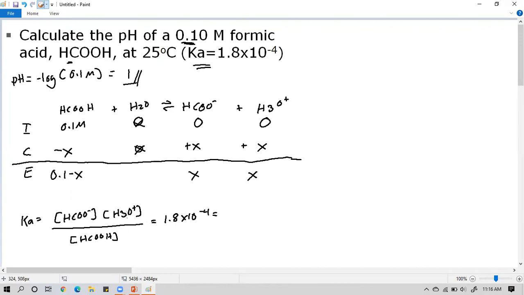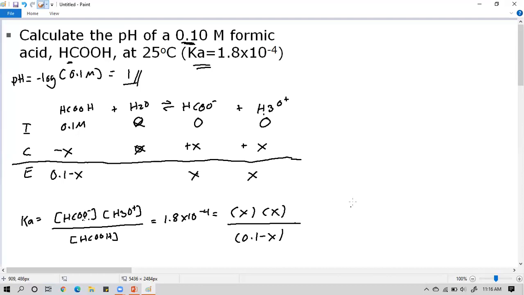Now, substitute the variables here, since formate is equals to X and hydrogen ion is equals to X. So therefore, that will be X times X all over 0.1 minus X. Ayan.